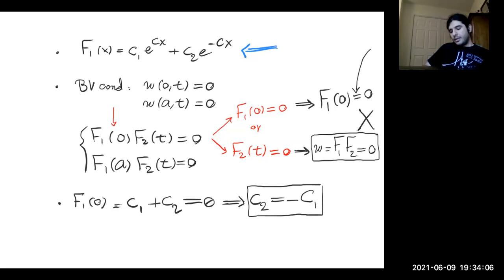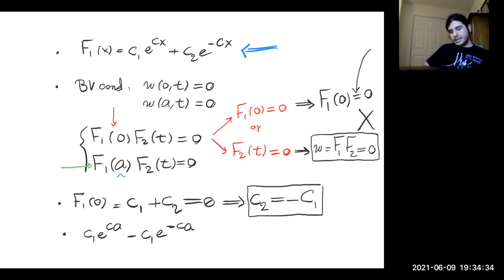Now, there is another boundary condition, which is this other one. Let's look at that. That one says f1 at a, which is equal to c1 e to the ca, plus c2, which is just minus c1 e to the minus ca, times f2 of t should be equal to 0.